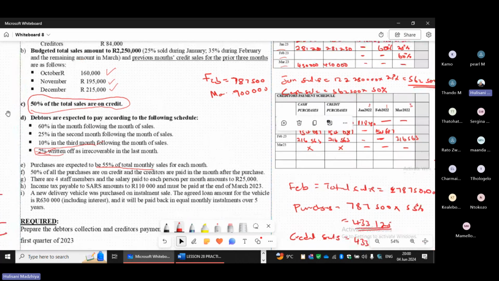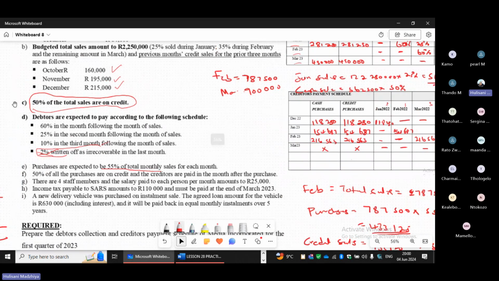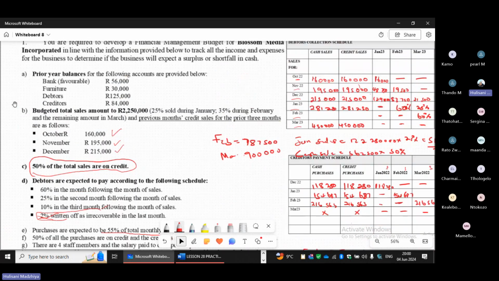Unlike this one, of debtors of 125. With this debtors of 125, we are also given the previous month's debtors collection schedule, so credit sales for the previous month. So we know that this 125 will be made out of October, November, and December uncollected amounts. Those will be the first thing that we are going to collect.